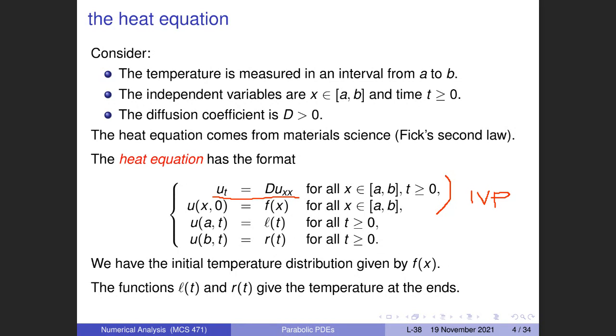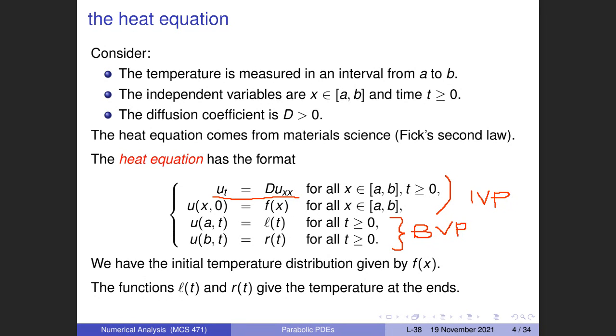But then you see that with the last two equations, we have a boundary value problem. So we have an initial value problem for time, but we have a boundary value problem for space. So at the endpoints in the interval, we know the temperature distribution for all times.